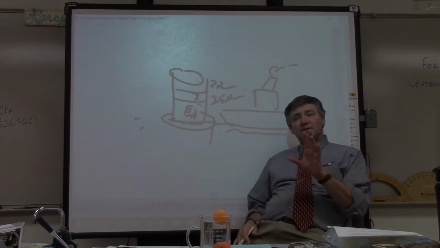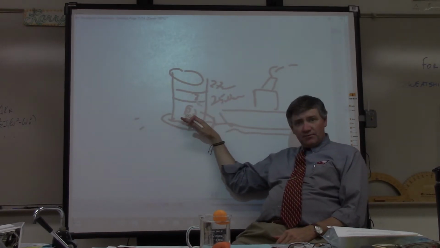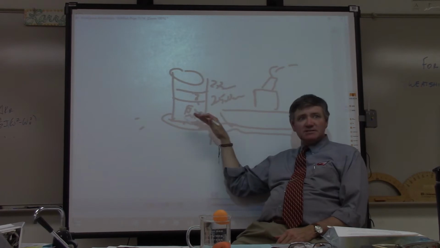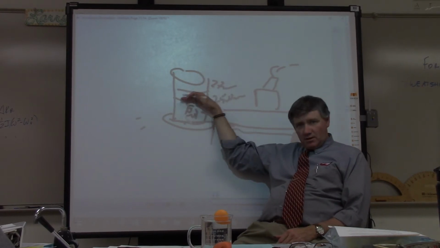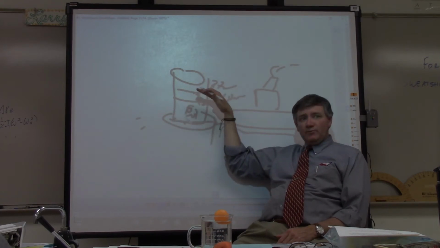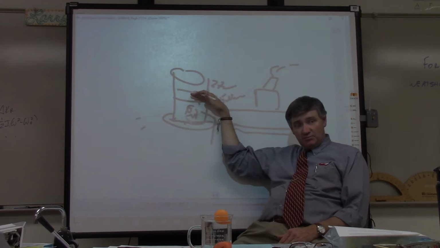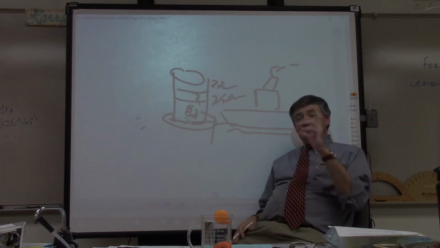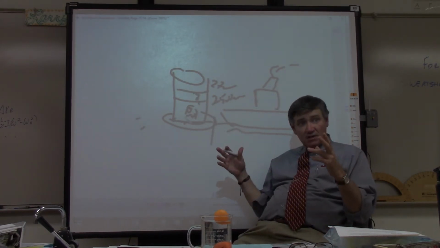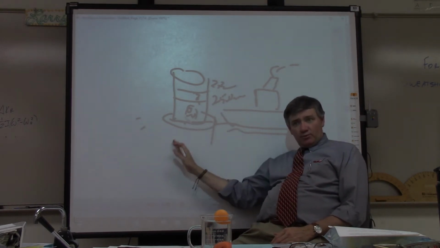So this is a common misconception. The volume of the rock displaces an equal volume of the water. So if you've got a 2 milliliter rock when it's fully submerged, you will displace 2 milliliters. So if you don't know what the volume is, submerge it, see how much the water goes up. But that doesn't equate with weight.